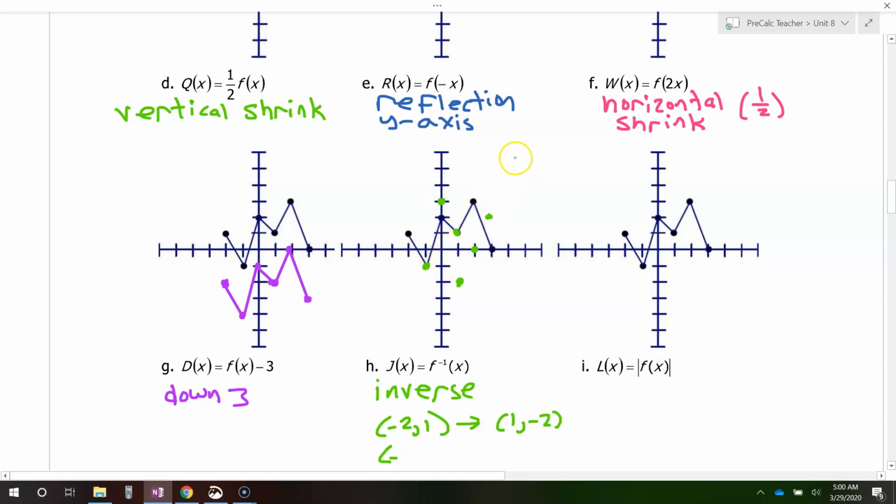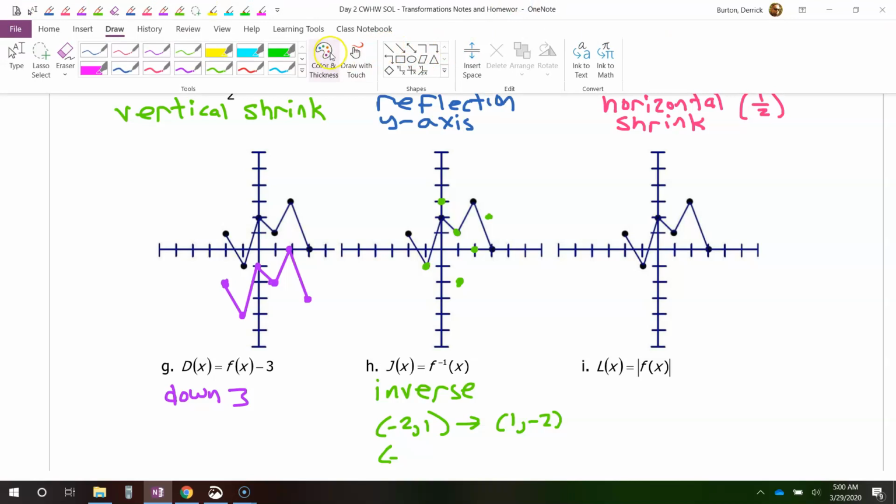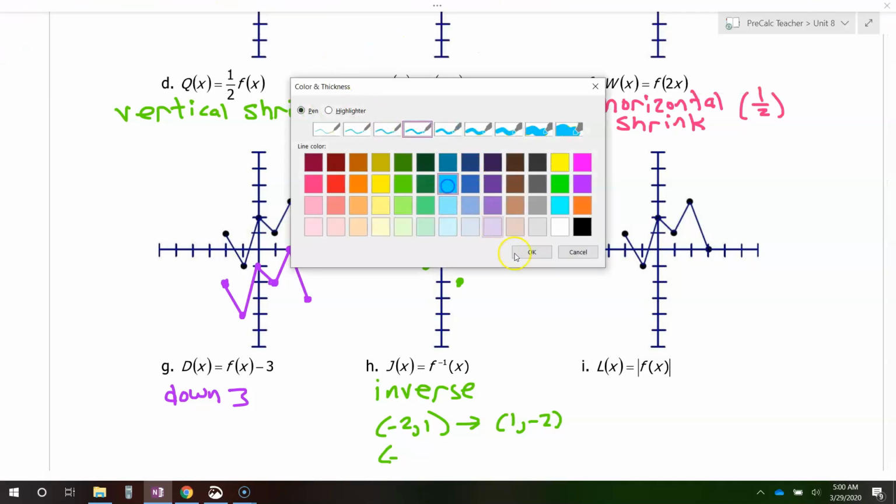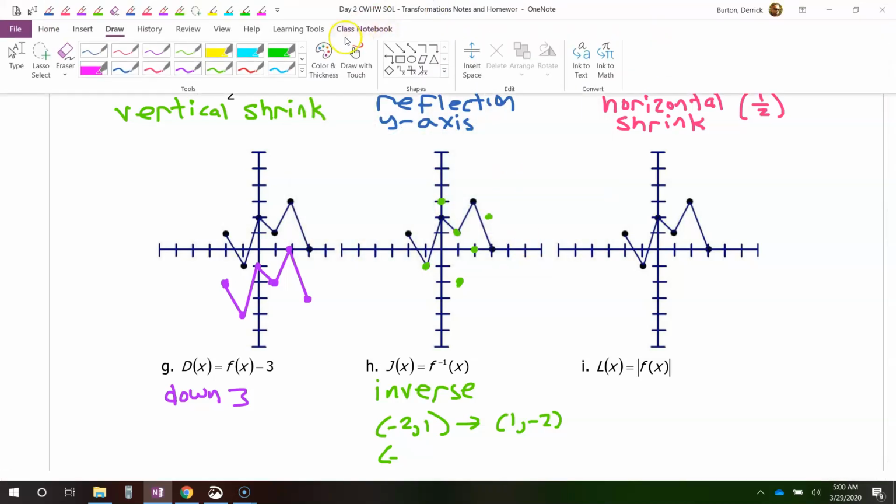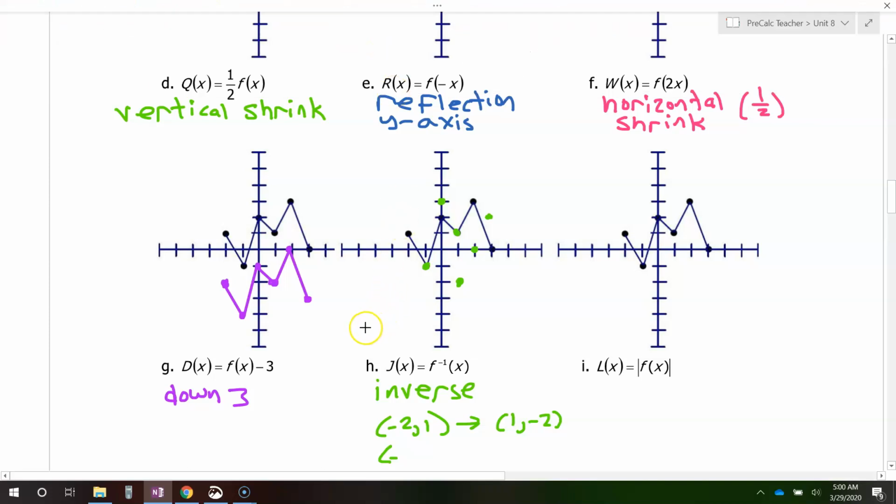Okay, so this entire graph has been reflected over the line y equals x. There's this invisible diagonal line going right through here, and the original image has been reflected over this line. So that's going to help guide me.